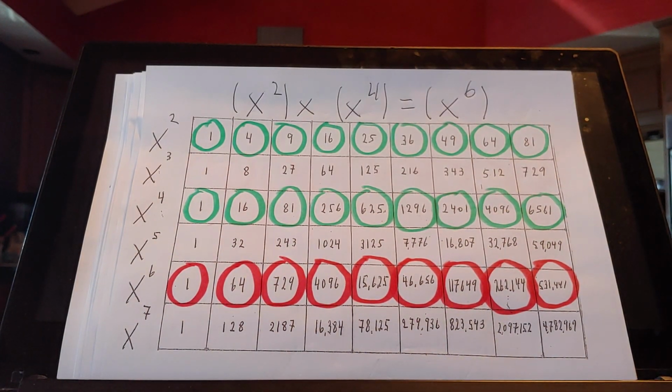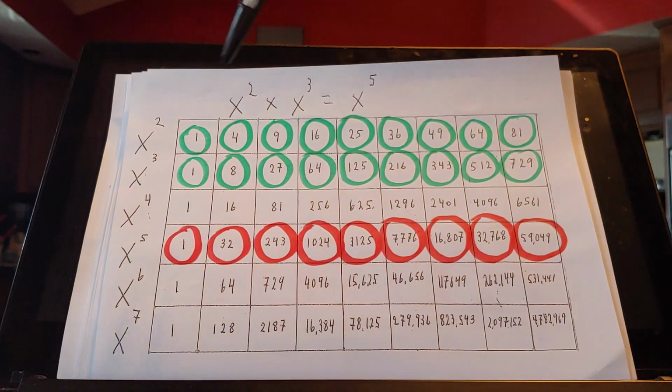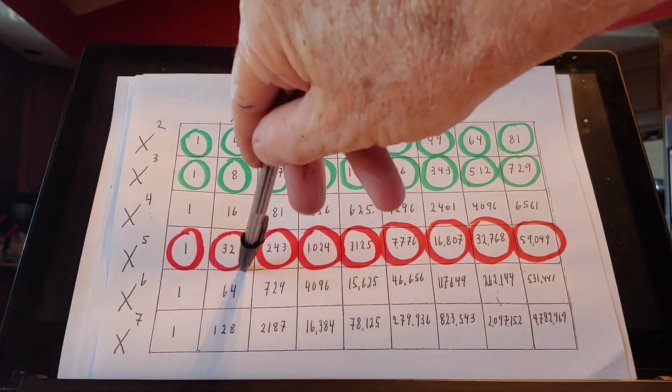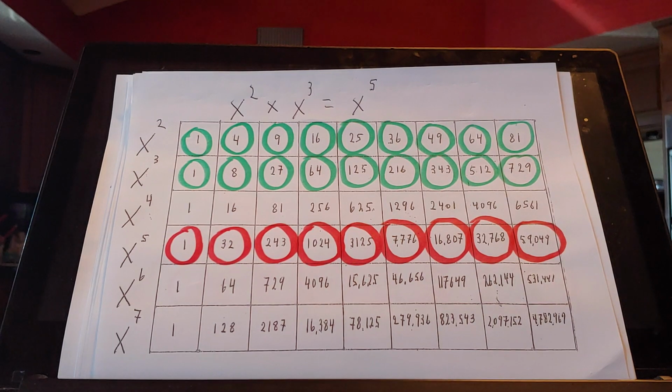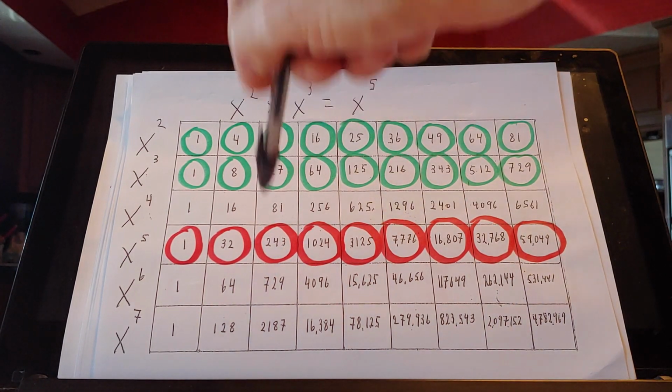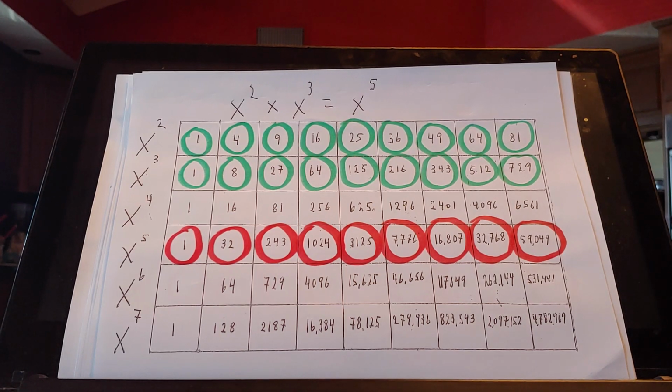So all of these are always the same exact thing. X squared times x to the third is x to the fifth, because 2 plus 3 is 5. And we get to know these familiar groups of numbers.